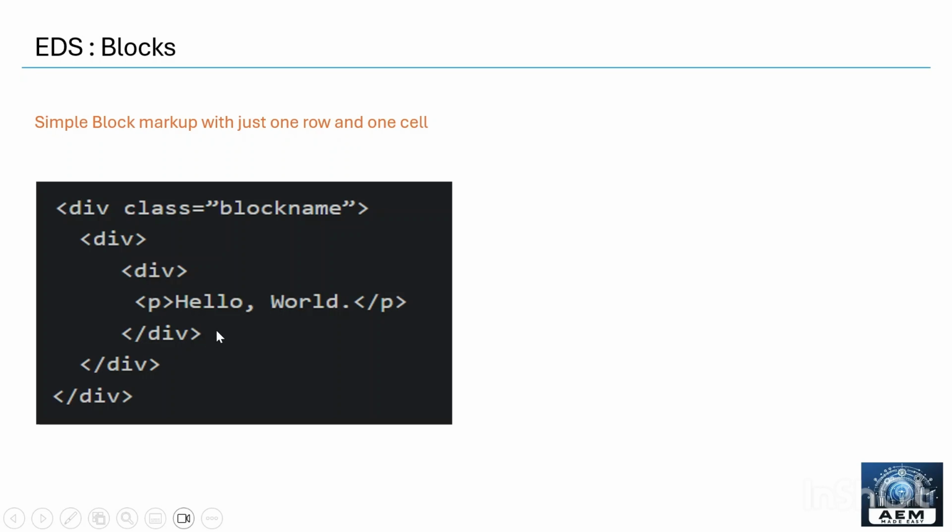If there is more than one column, you will have more divs inside the row divs, and if there are more rows, this div will get repeated. Okay, so that is the simple markup, and that is formed out of the box. Even if you have not created any block in the code, you just authored it, out of the box EDS will create this kind of markup.